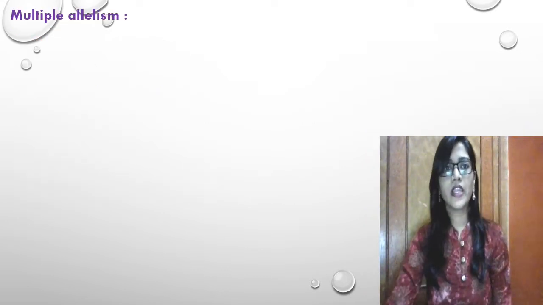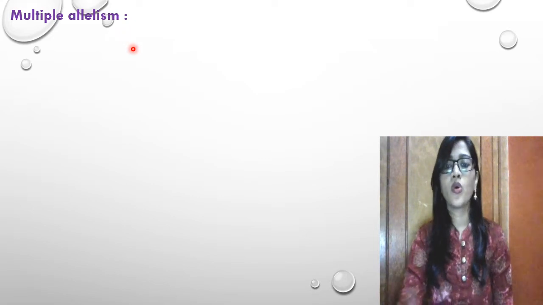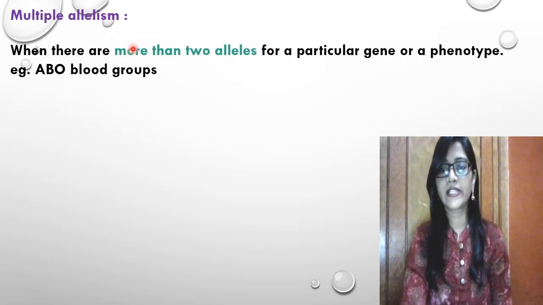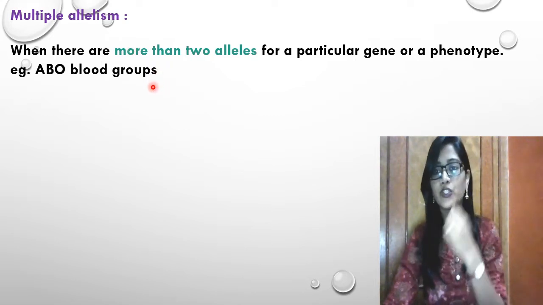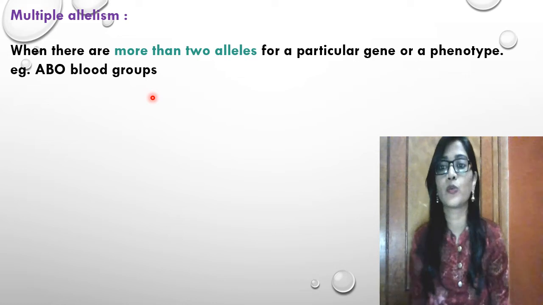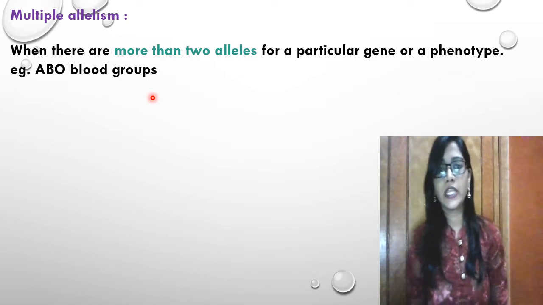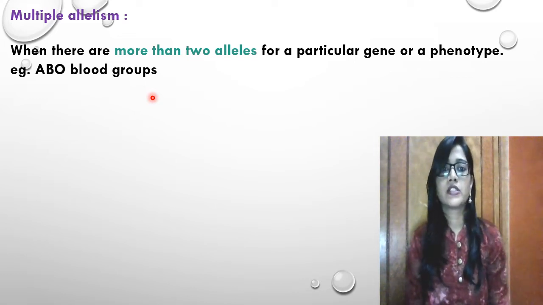In this slide, you're going to study multiple allelism. In that you have two beautiful examples. One is related to blood group, that is the ABO blood group system. Another example you are going to study in multiple alleles is the structure of wings in Drosophila.